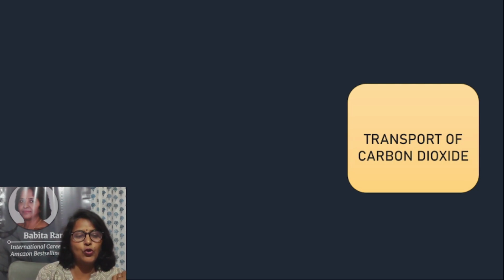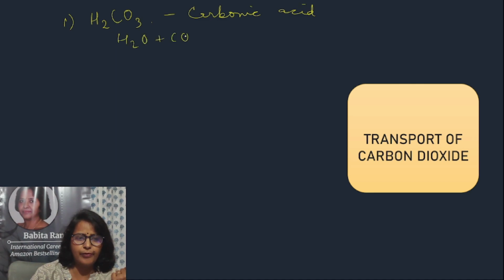Next is transport of carbon dioxide. Carbon dioxide is transported in the form of H2CO3. This is carbonic acid. Carbonic acid is formed by the combination of carbon dioxide with water in the presence of an enzyme.